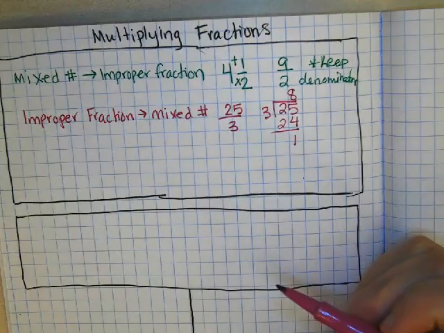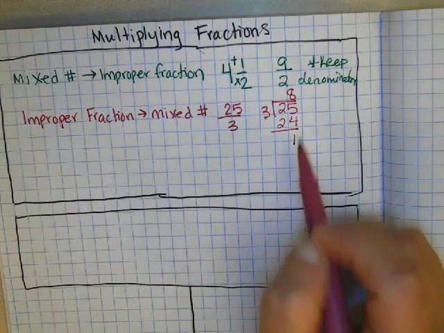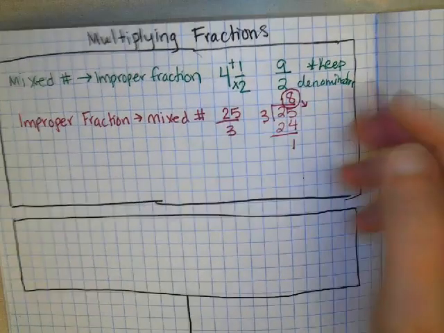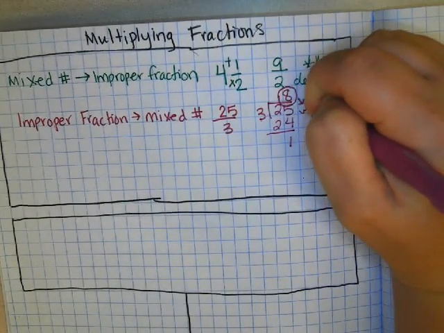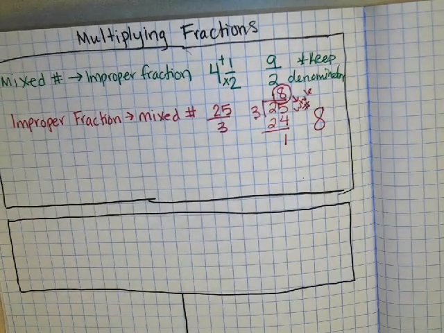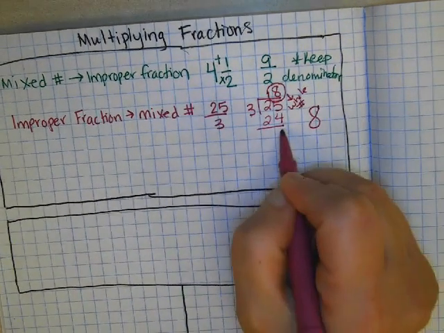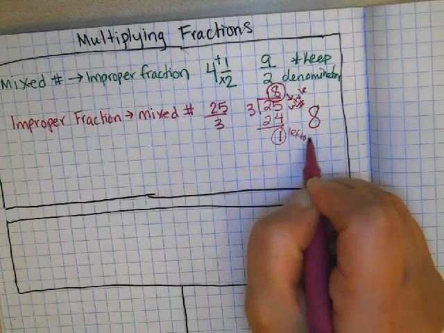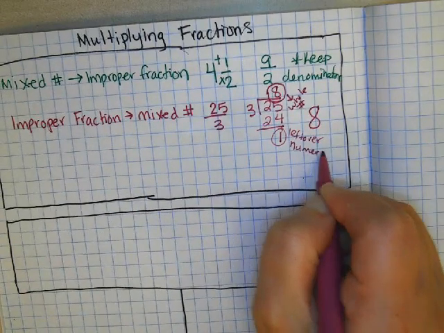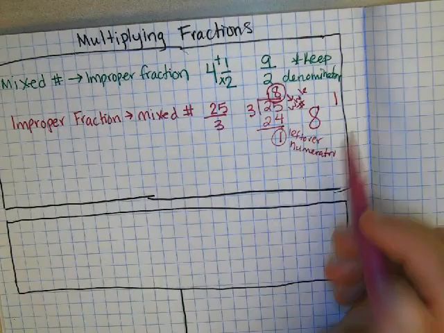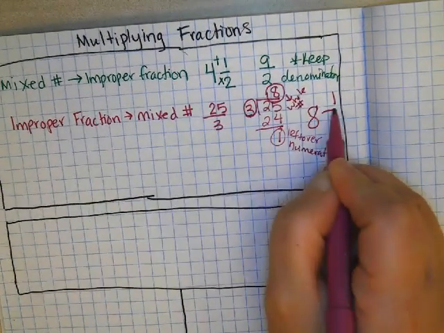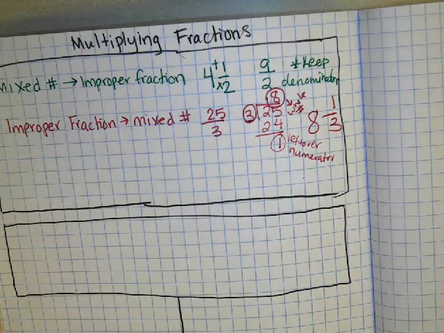Now I'm not going to add a decimal or anything like that because we're dealing with fractions. So the number that comes on top, that is going to be your whole number. So now I have 8 and something. The amount left over, down here, your remainder, that is going to be your numerator or your top number. So now I have a 1 and the denominator stays the same. So we have 8 and 1/3.